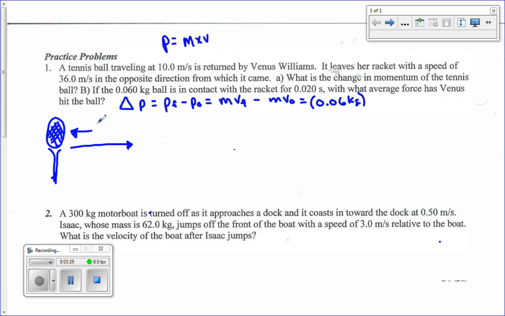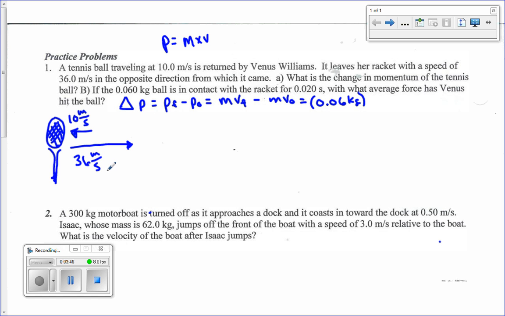So the ball comes in at 10 meters per second, and it leaves her racket with a speed of 36 meters per second.